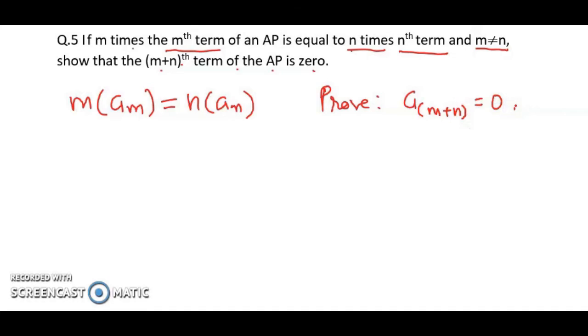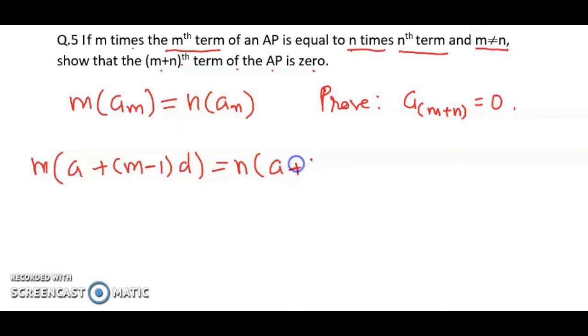That we need to prove here. So we'll start with the given data. M, here in place of am we can write the formula a plus m minus 1 multiplied by d, this side n, and an, that is a plus n minus 1 d.